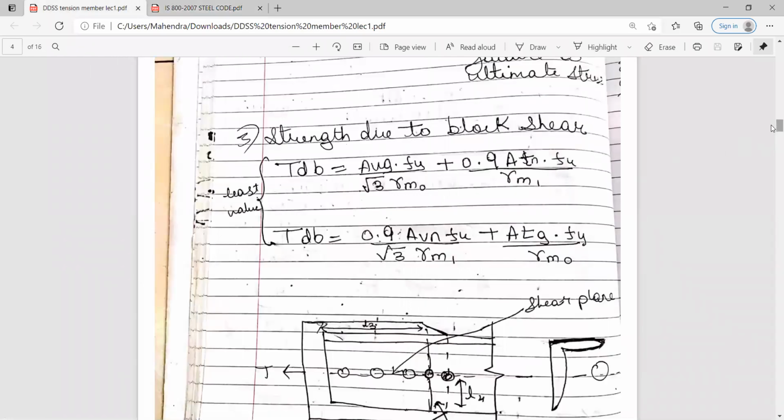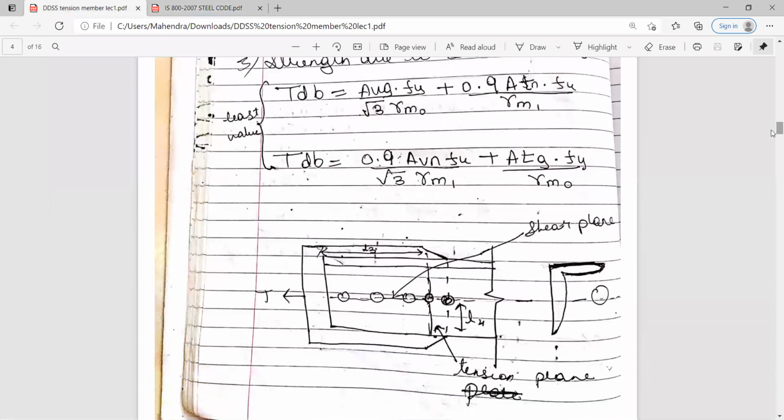Strength due to block shear, as we already saw, is in clause number 6.4.1 of your IS 800:2007. As you can see in this diagram, from here to here is the distance L3, and it is in shear. This plane is known as the shear plane and this plane is known as the tension plane.